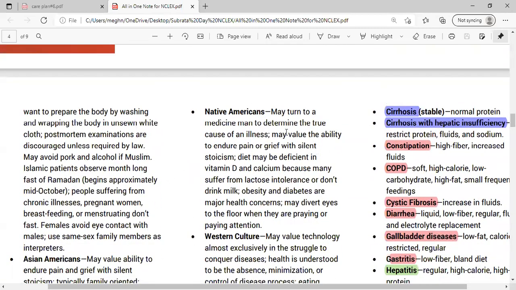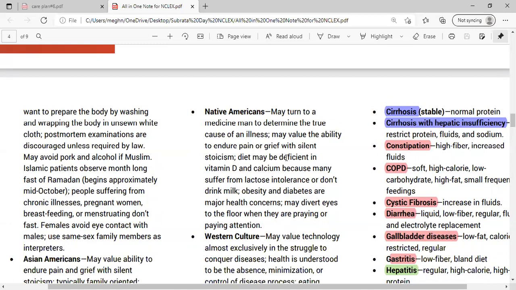Native Americans may turn to a medicine man to determine the true cause of an illness, or may value the ability to endure pain or grief with silent stoicism.